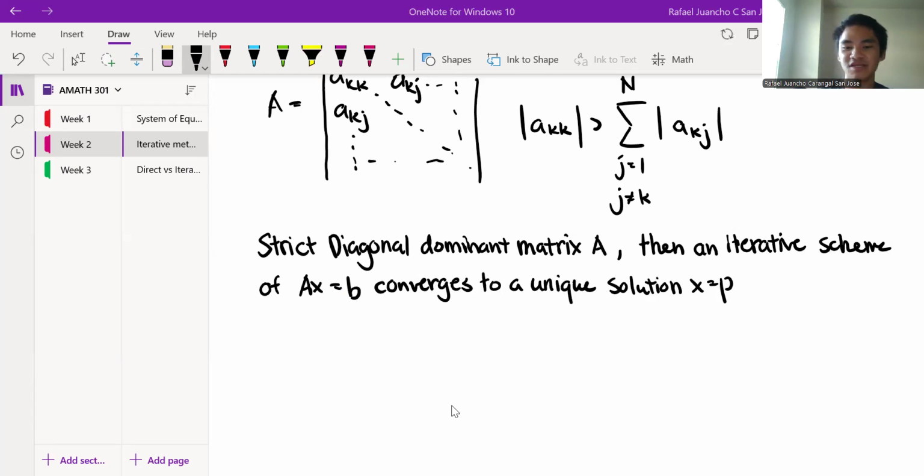So what this is saying is that if we have a strictly diagonal dominant matrix, and we do a Jacobi iterative scheme on it, then we're guaranteed that it will converge.